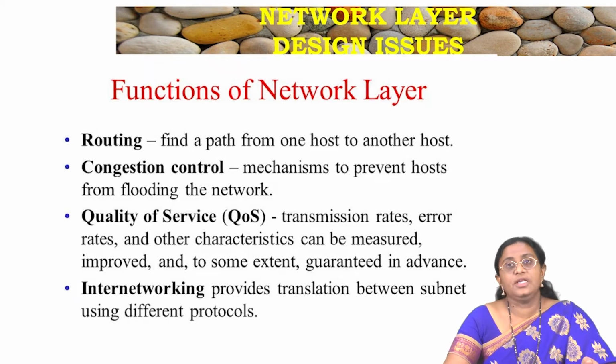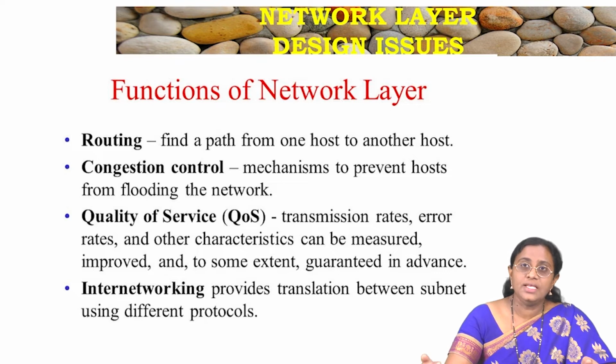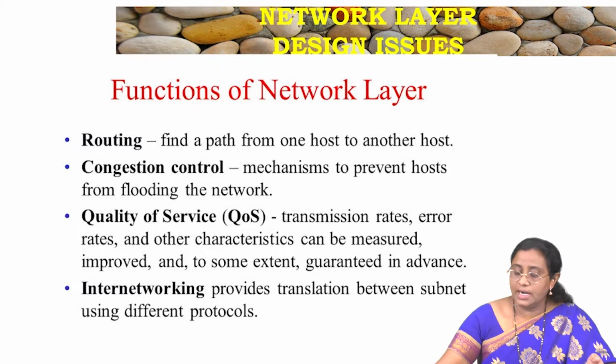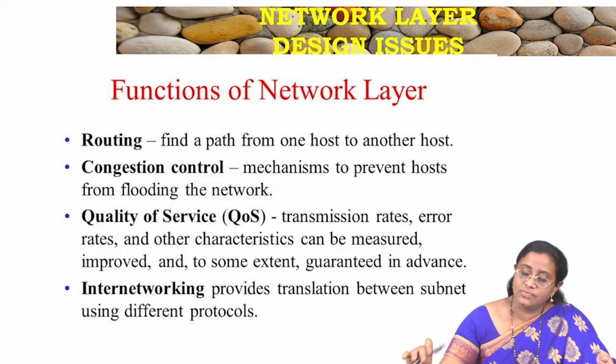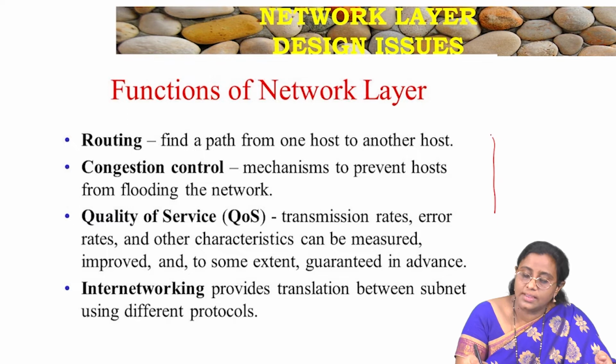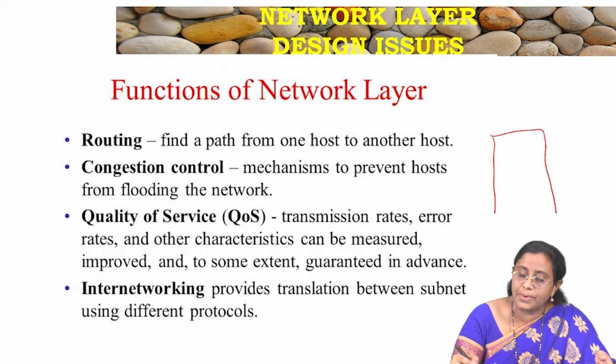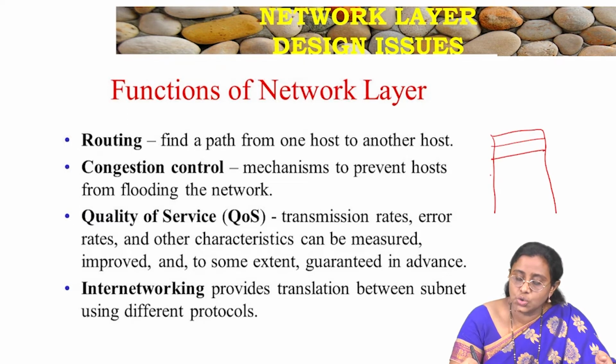So before the functions of the network layer, where is the network layer situated? The network layer is situated between the data link layer and the transport layer. Under the OSI reference model, there are 7 layers: 1, 2, 3, 4, 5, 6, 7.